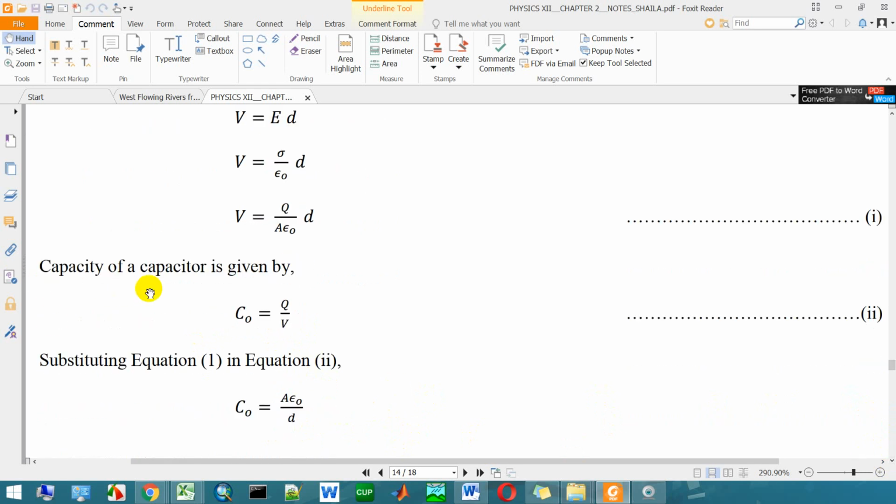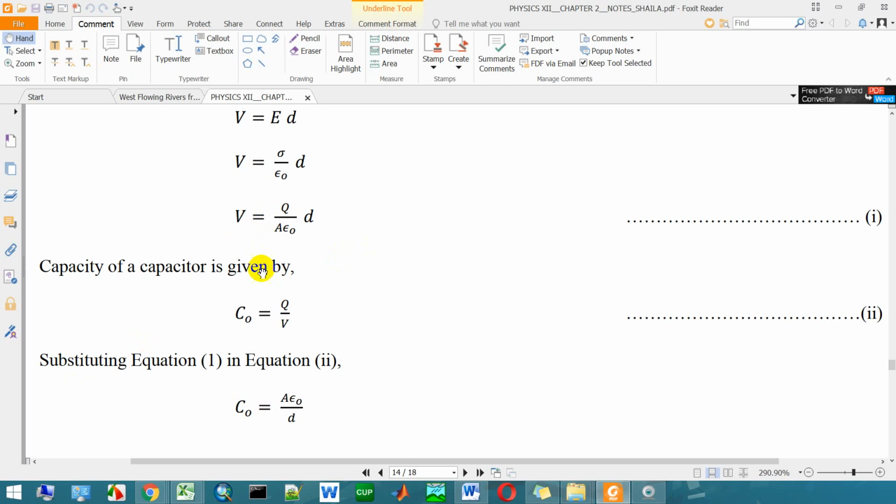Again, the capacity of a capacitor is given by C naught equals Q by V, the base formula for the capacitance. And what is C naught? It is the capacity between the two parallel plates when the plates are separated by air or vacuum. It's very simple. From the first equation, we found the potential between the plates of the capacitor.